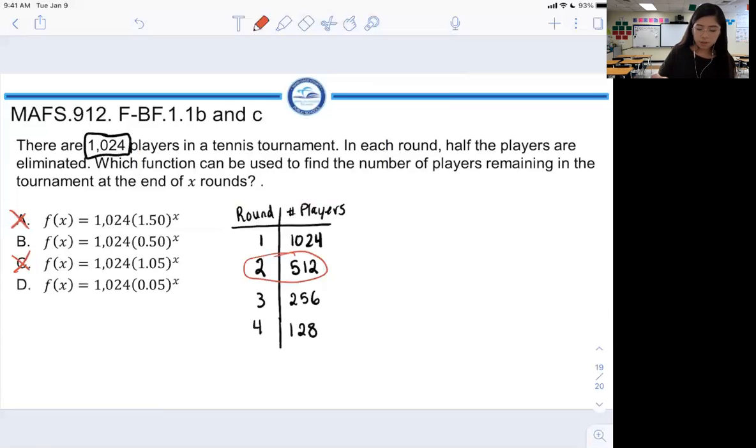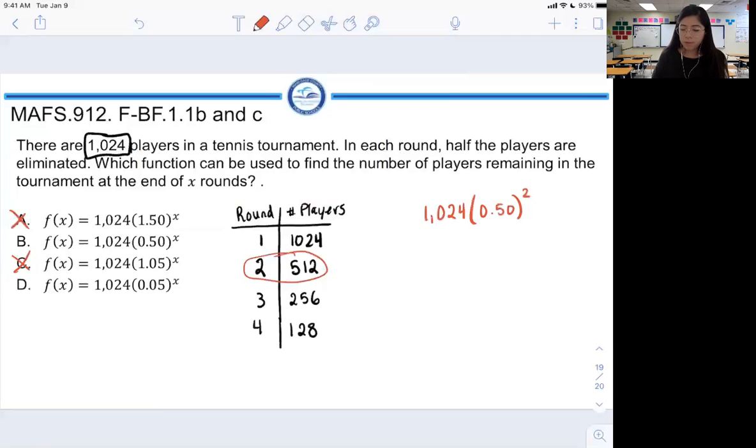If I plug in 2 into answer choice B, that's going to be 1,024 times 0.50 to the power of 2. I have to do that first.